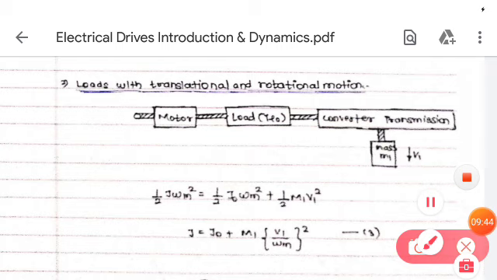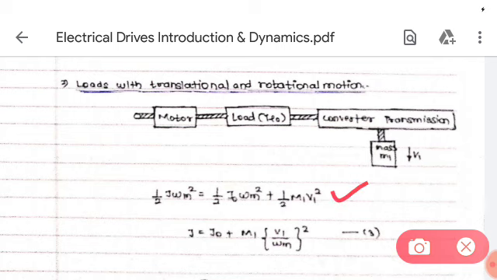How we can calculate the inertia. Again it is a kinetic energy equation. So this is equivalent inertia J, the net speed of the motor shaft. Then this is inertia of the load which is directly coupled to the motor shaft, motor shaft speed, so half J omega m square, like that. And here the kinetic energy is half m1 v1 square.